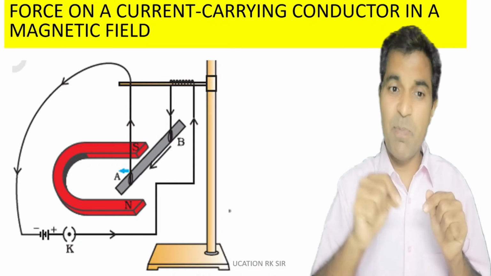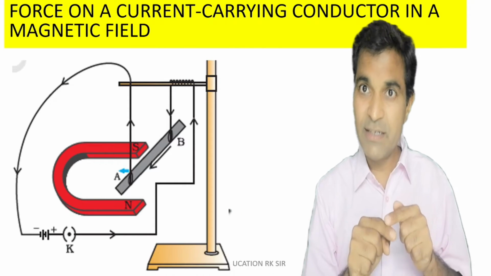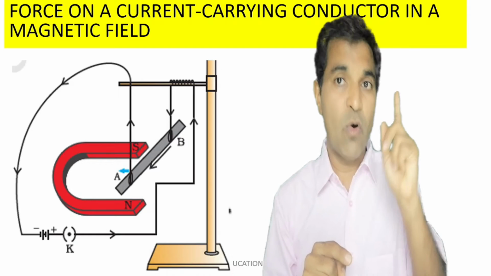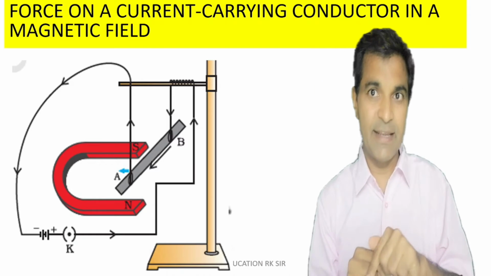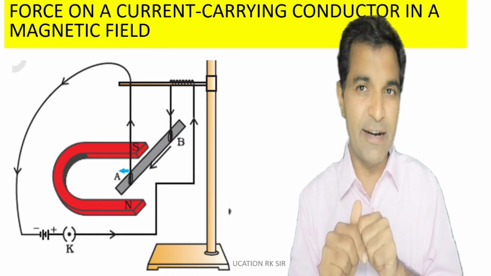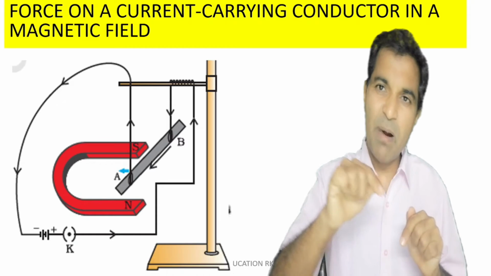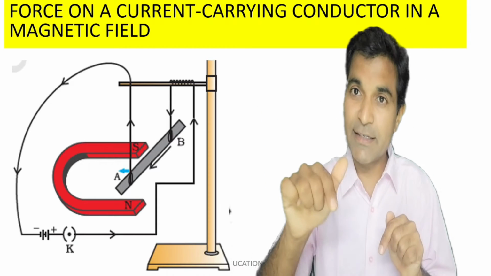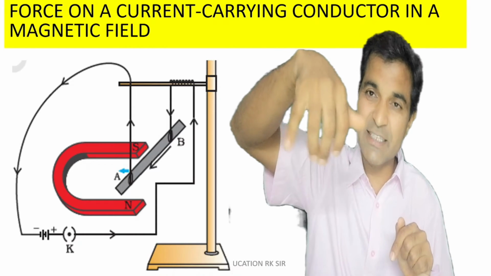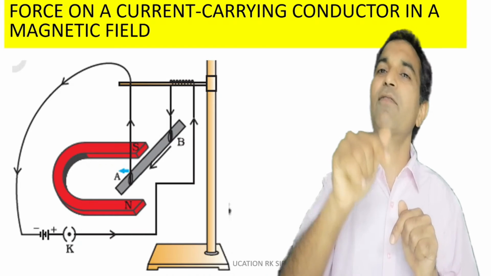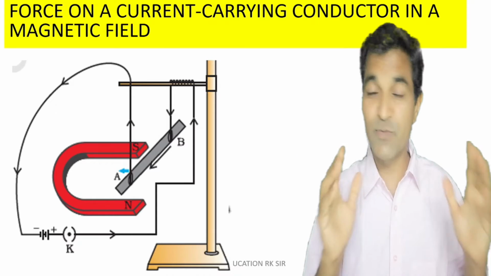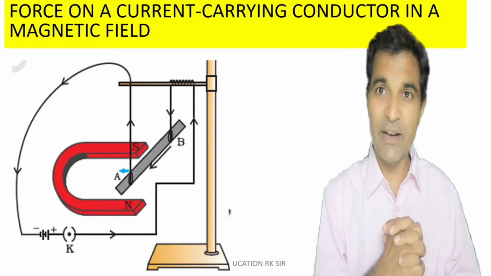We have learned from Oersted and Michael Faraday that electricity and magnetism are interrelated. So when we pass current in a freely suspended conductor, that conductor will behave as a magnet. It is very clear according to Faraday and Oersted.